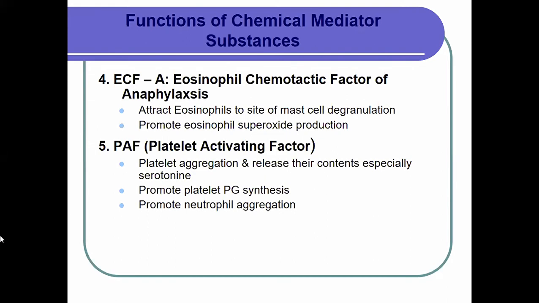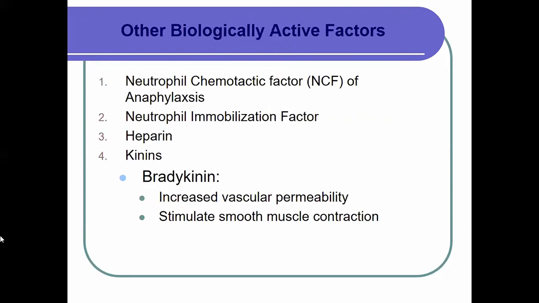Then we have the PAF or the platelet activating factor. It will cause aggregation and release of serotonin from the platelets. And also it favors prostaglandin synthesis and promotes neutrophil aggregation, adding injury to the patient.